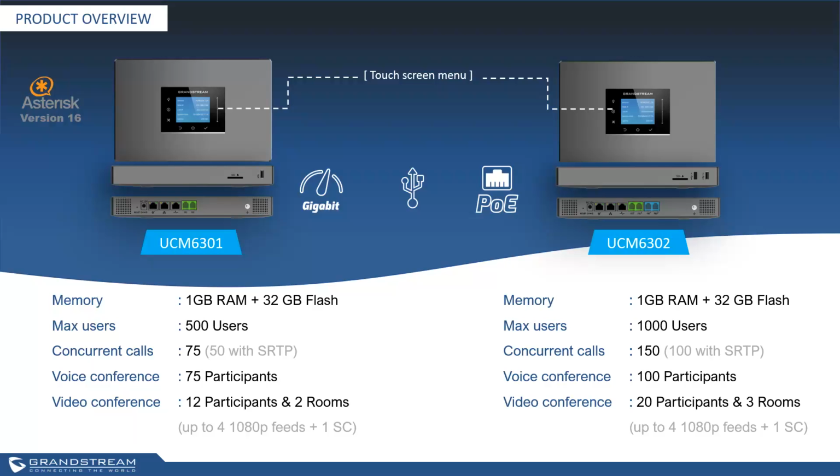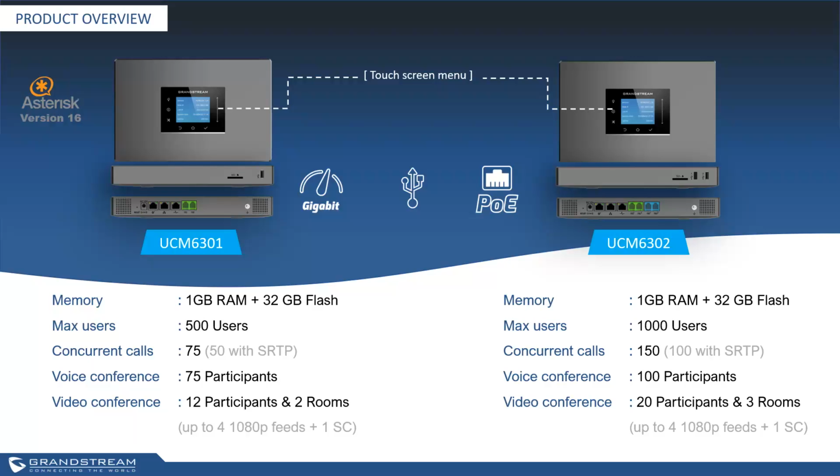In case you are using SRTP, and for those who don't know what SRTP is, basically it means encrypted audio, when you decide to encrypt your audio, the number will go down from 75 to 50. For the 6302, the concurrent calls is 150. With SRTP, you get 100 concurrent calls.